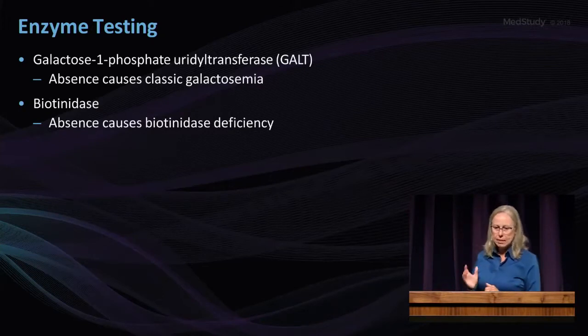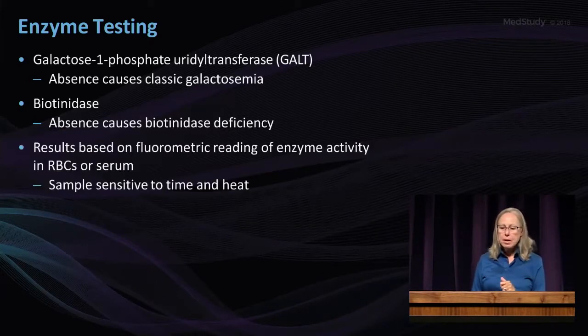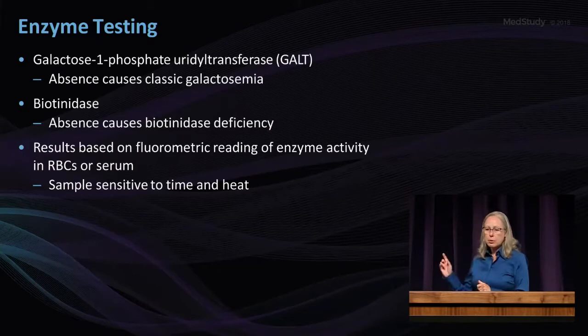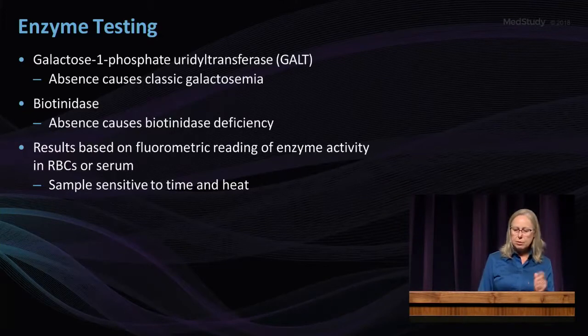True story. If you're seeing more than one, it could be that somebody has more than one thing, but it's less likely. Repeat that test because the enzymes will become inactivated with heat. Results come from fluorometric reading of the enzyme activity, and it's sensitive to time and heat. So if it hangs out for a week in the middle of the desert, not a good thing.